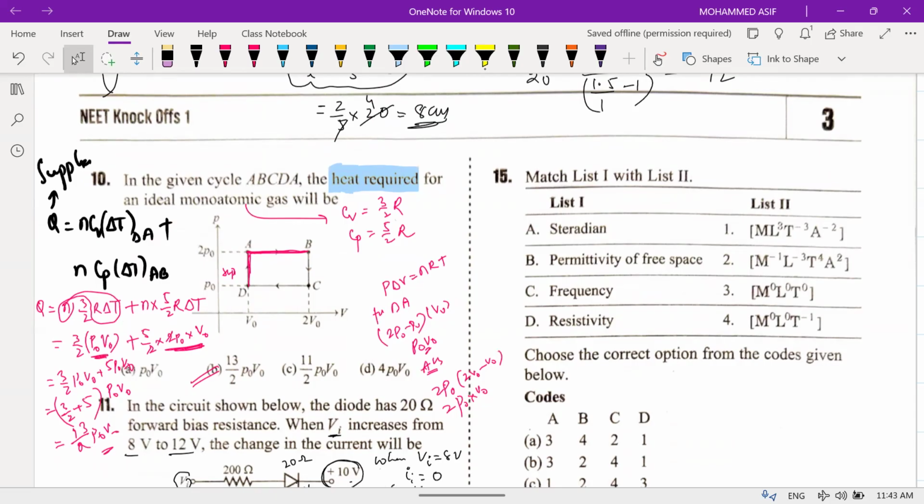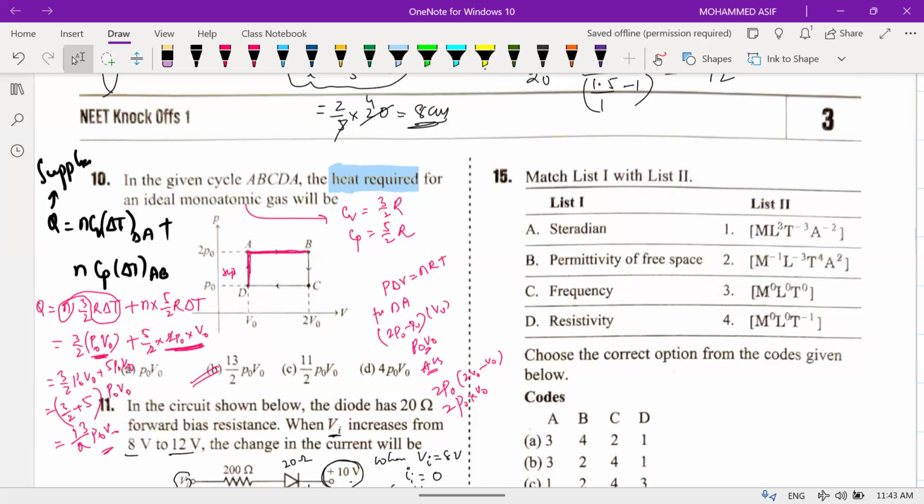Frequency is the reciprocal of time. Steradian is 4.